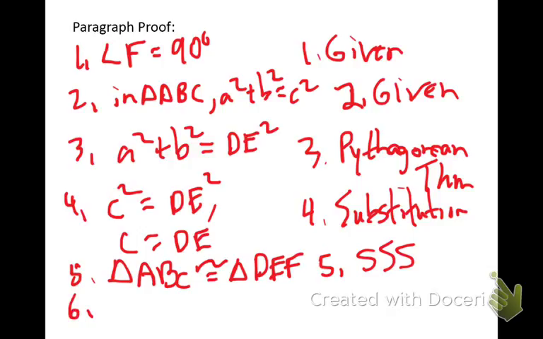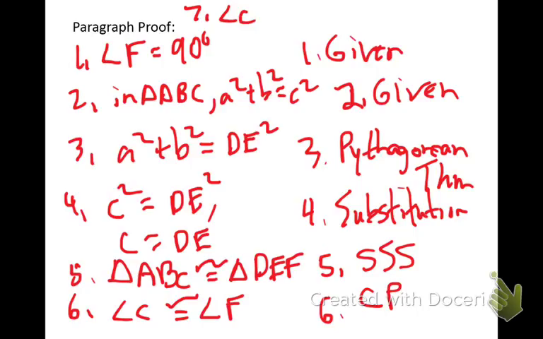So step 6 says angle C is congruent to angle F, and that's by CP. And since we know F is 90, by substitution, the last step, I'll go up here to the top. Step 7, we know angle C equals 90 from our very first step, where we said F was 90. So that's by substitution.